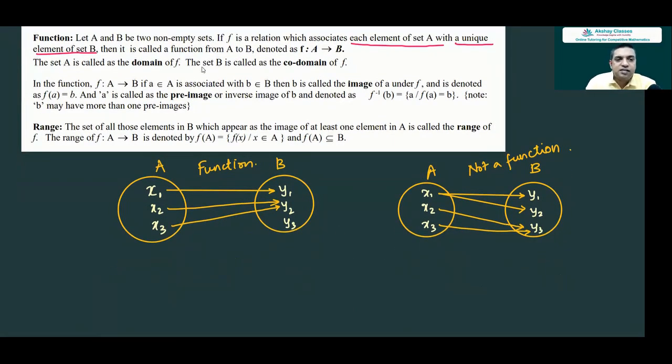Also suppose X3 is not involved. Again, it will cease to be a function. So X1, X2, X3 all are involved. So this particular set A with these elements is called the domain, and the set B is called the codomain.